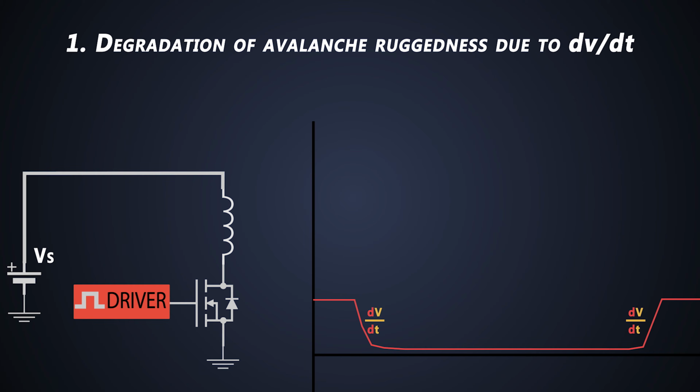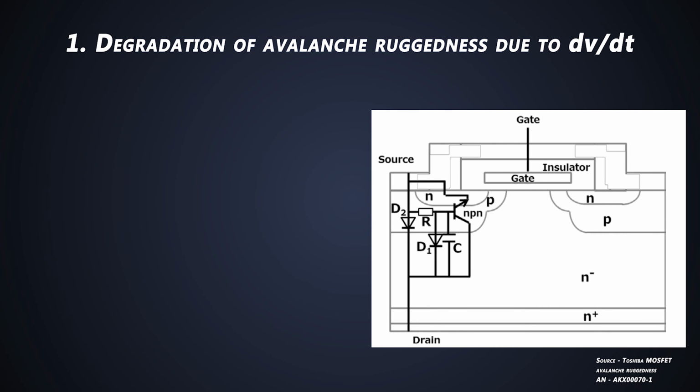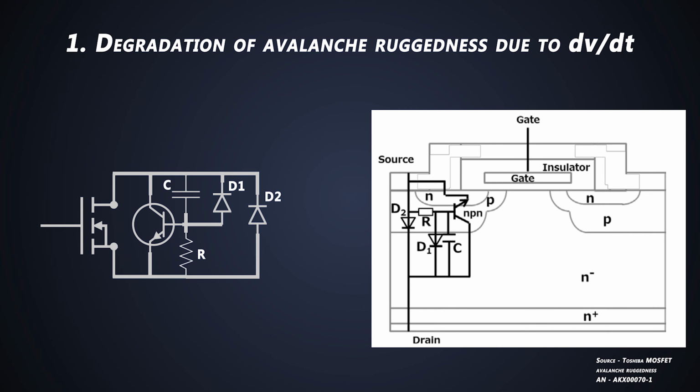If we see the structure of a MOSFET, it looks like this. But there are parasitic diodes, an NPN transistor and capacitors due to all the N and P substrates present inside the MOSFET. If we see the actual symbol of the MOSFET, it looks like this with an intrinsic capacitor, diodes and NPN transistor.